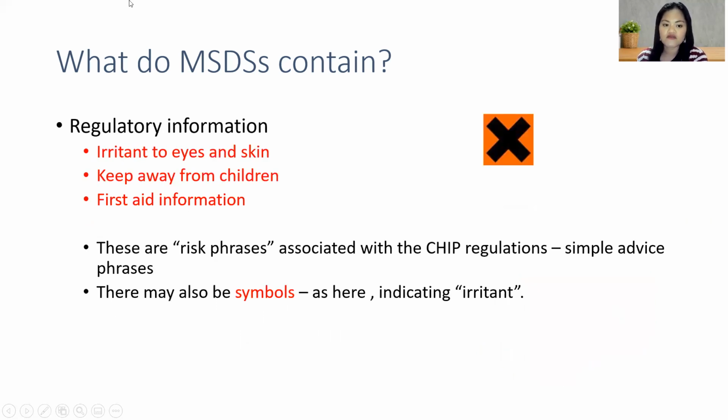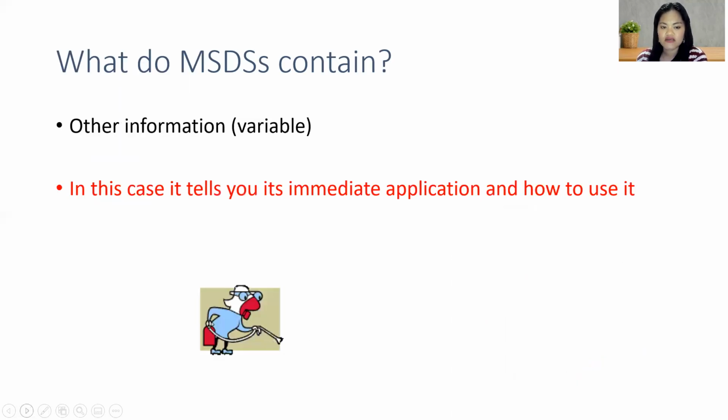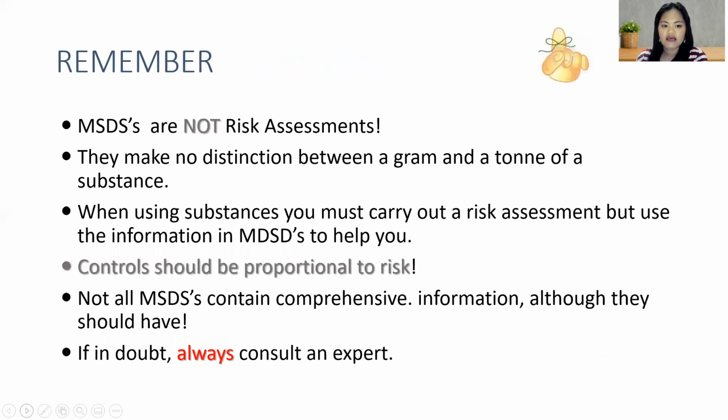There's also regulatory information, just like the toxicological information or the hazard information. There are many risk phrases, for example R1 is explosive when dry, risk of explosion by shock, friction, and so on and so forth. Those are the categories depending on the risk. So there is much other information that you can have.